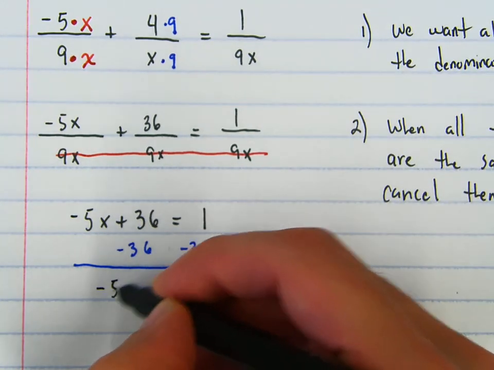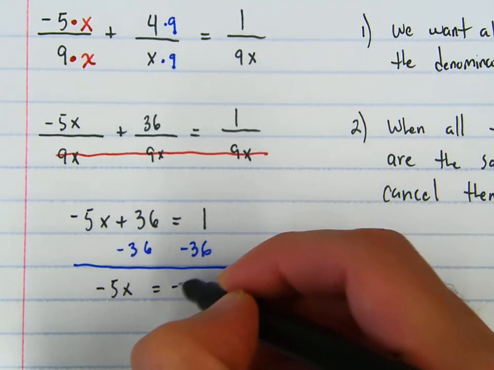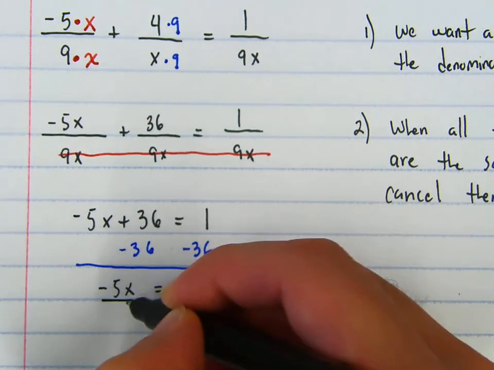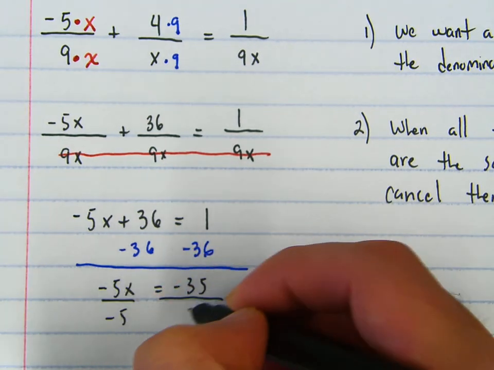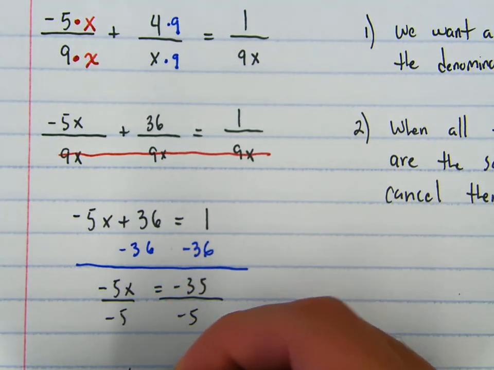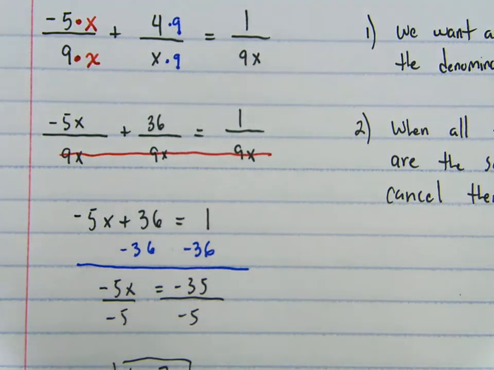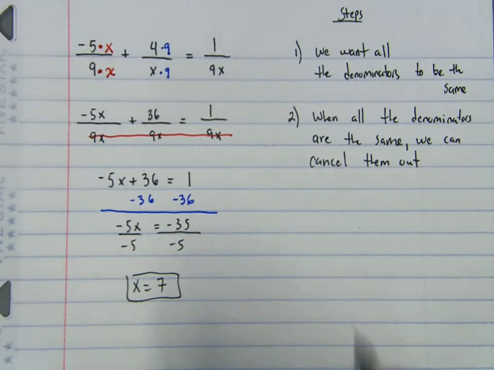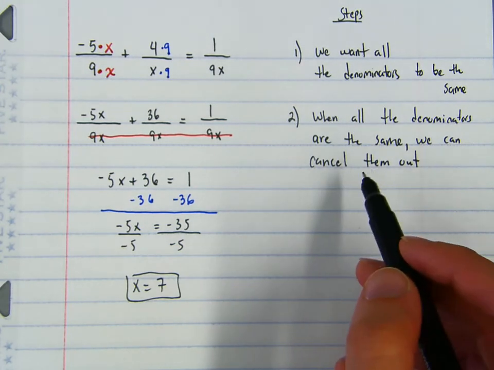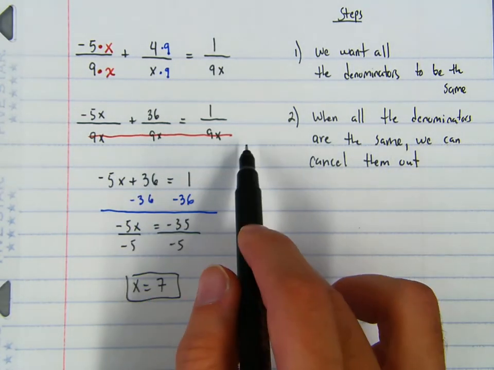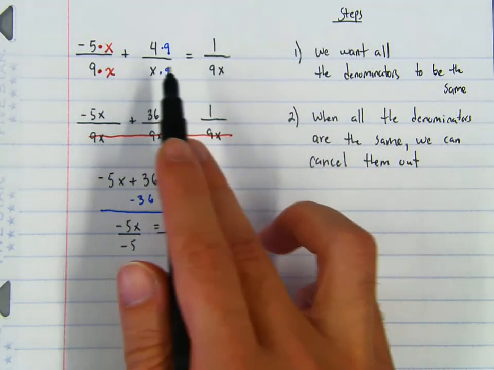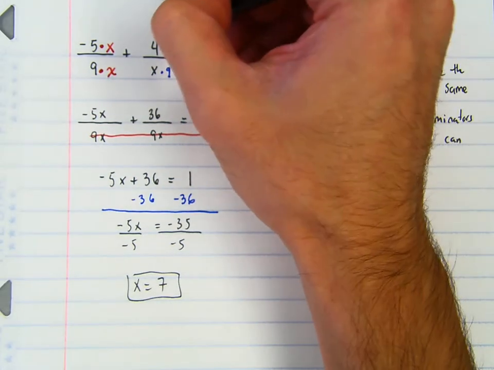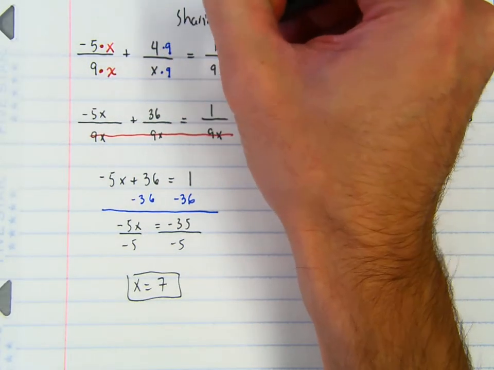So then I get -5x equals -35. Then I want to get this x by itself, so I divide both sides by -5. x equals 7. And that's it. The key thing is getting the denominators to be the same. You want to cancel them out, and to do that, you have to do this idea that sharing is caring.